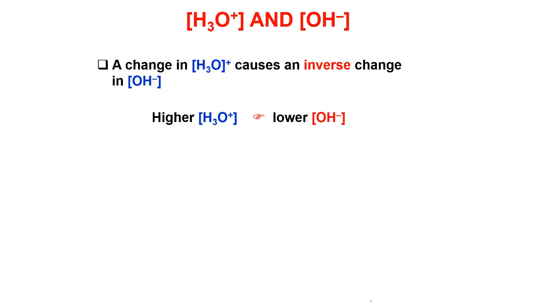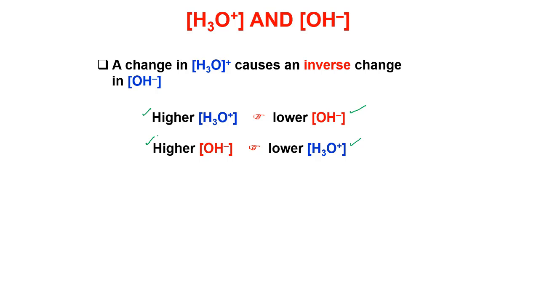So, kalau dalam sesuatu solution, acid ataupun base, dia mesti ada hydronium ion dan hydroxide ion. So, kalau dalam sesuatu solution itu, the concentration of hydronium ion is higher, the concentration of hydroxide ion mesti lower. Okay? And if the solution has lower concentration of hydronium ion, okay, it has higher concentration of hydroxide ion.